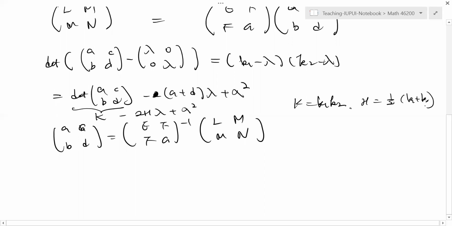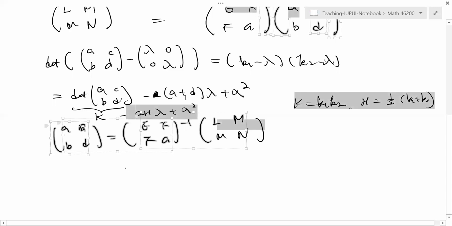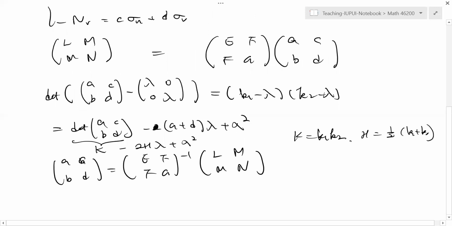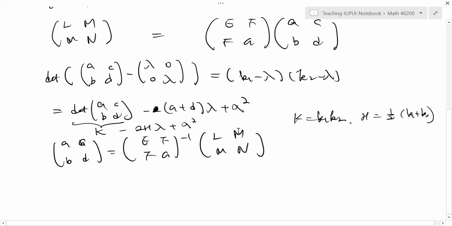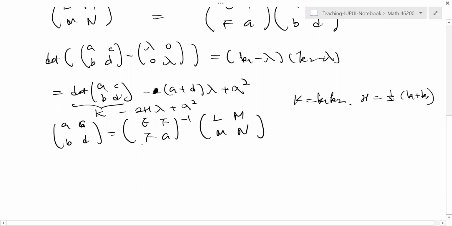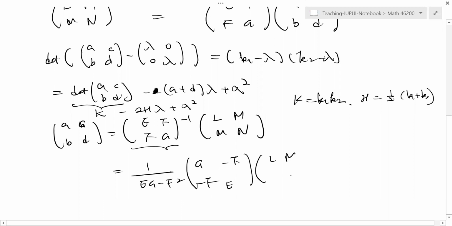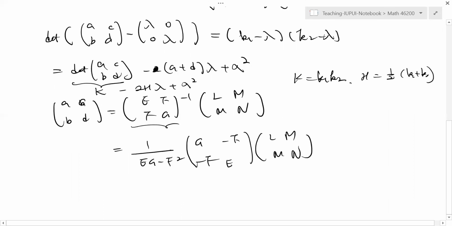This definition is independent of the choice of particular surface patch, but you can compute it using this matrix A, B, C, D. Because the inverse of this matrix can be easily found, one over E G minus F squared times G, negative F, negative F, E. So you multiply this out, and using the above formula, we get two formulas, one for the Gaussian curvature and one for the mean curvature.